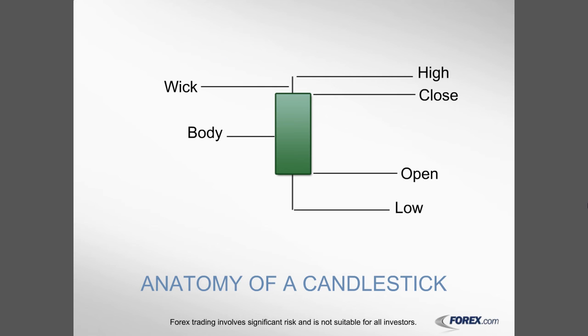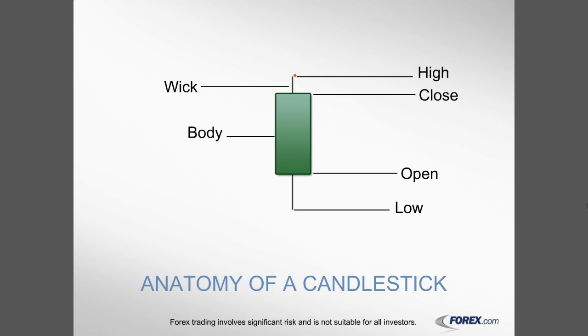So let's just quickly go through a candlestick individually. We've talked about what a candlestick is made up of. We really want to focus in on one candlestick so we can see what we're seeing. Now, this candlestick in front of you, let me get my pointer on so you can see exactly where I'm at. This is the body of the candle, the colored part.